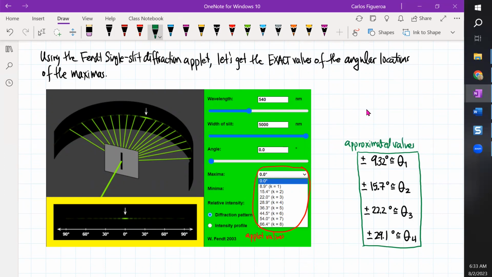So one way to compare them is to take a percent difference.